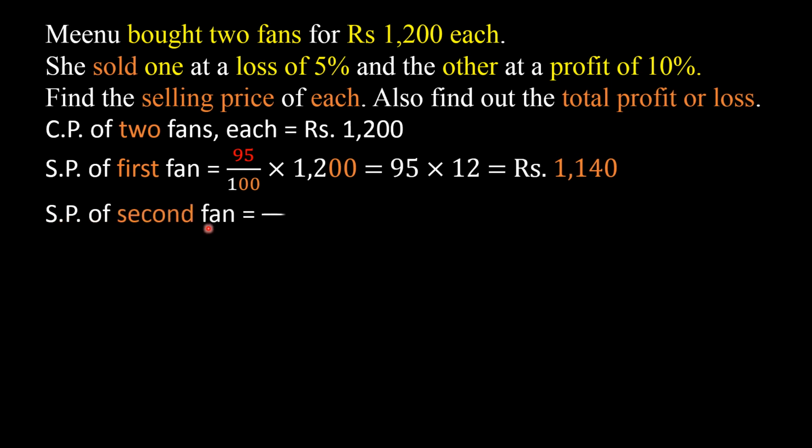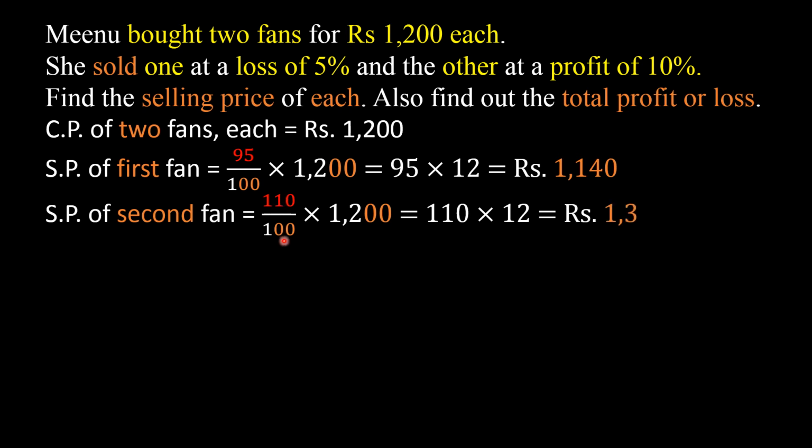Selling price of second fan is 110 divided by 100 multiplied by 1200 because she has sold the other fan at a profit of 10%.